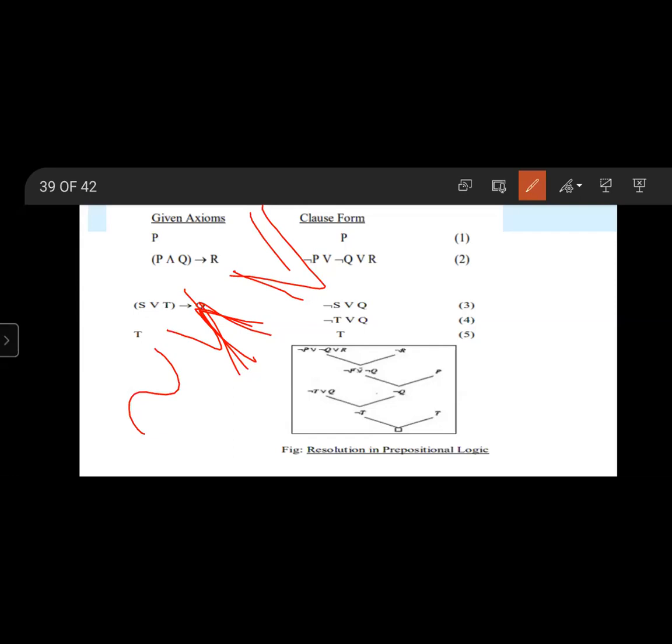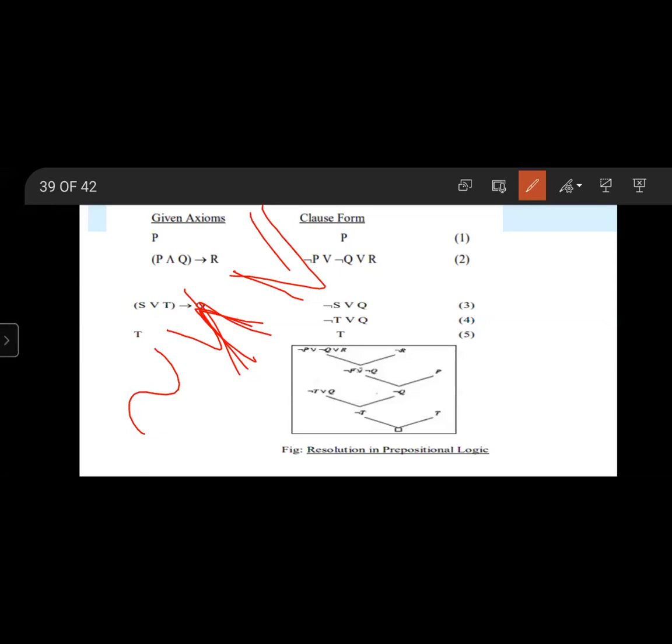The conversion of a formula to CNF. Any formula in propositional logic can be easily transformed into its equivalent CNF representation by using the equivalence laws. Eliminate double negation signs by using not not A equal to A. Use De Morgan's laws to push negation immediately before the atomic formula.